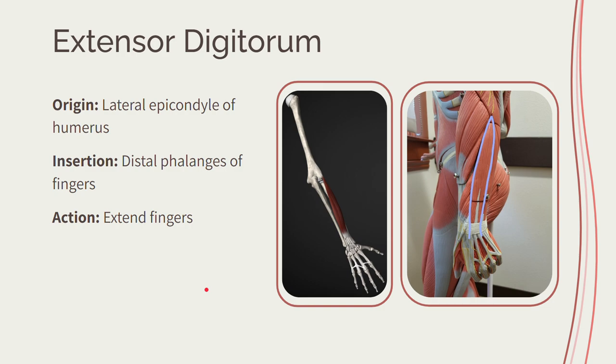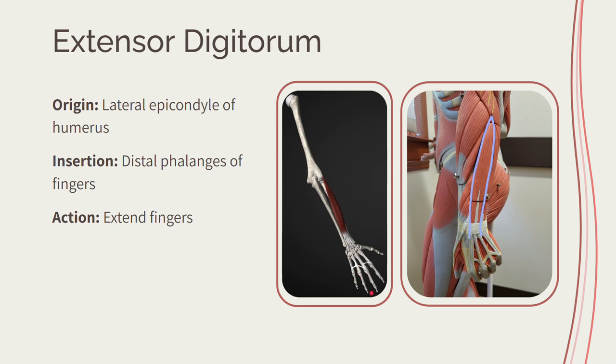So next we have the extensor digitorum. The extensor digitorum is on the posterior side of the human body, and we could see that the origin is the lateral epicondyle of the humerus. So we see here that it's right there, and then the insertion would be the distal phalanges of fingers. We see how it's connected to all of the phalanges, specifically to all the distal ones.